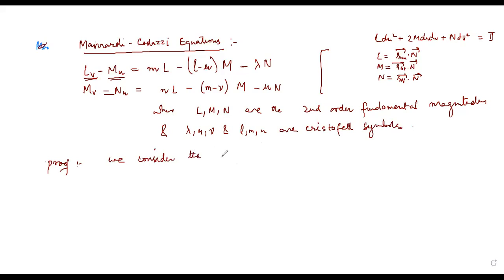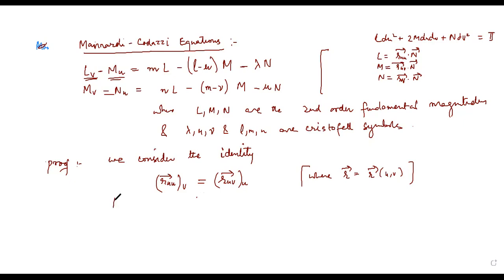Consider the identity: R_uu differentiated with respect to v should be the same as R_uv differentiated with respect to u, because it's just changing the order of partial differentiation. And since our surface R is smooth by our assumption, these two must be equal. Mixed partial derivatives must be equal.